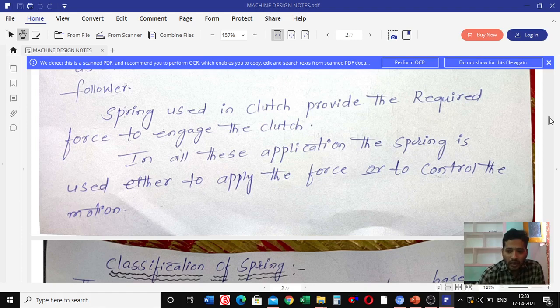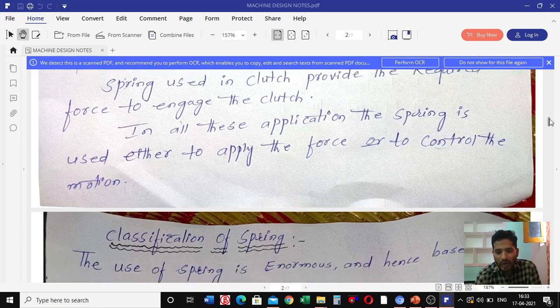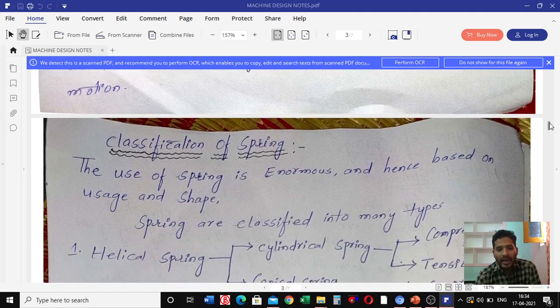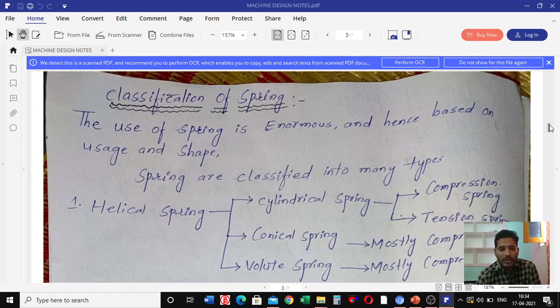The next topic we are going to learn in machine design is the classification of springs. The use of springs is enormous, and hence we classify springs based on their uses and shape. The first one is the helical spring.